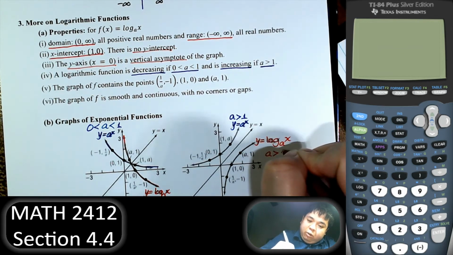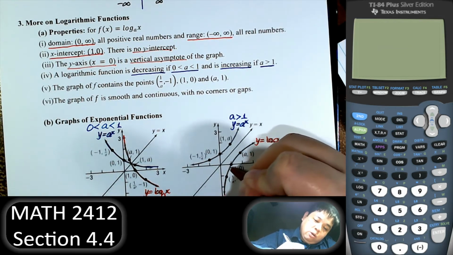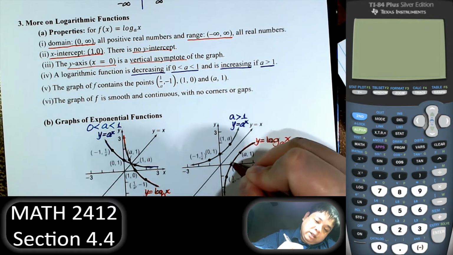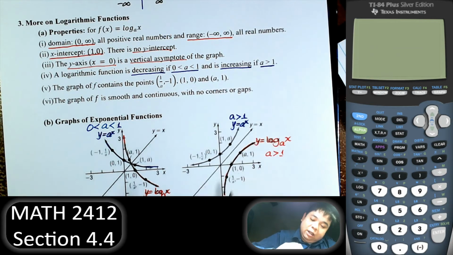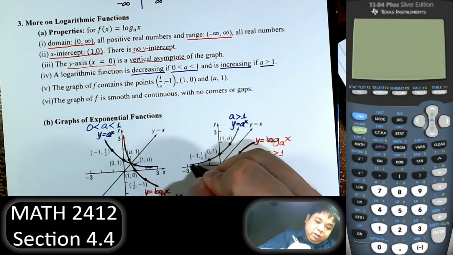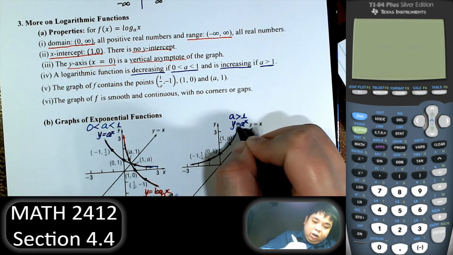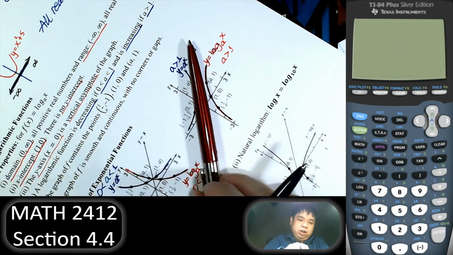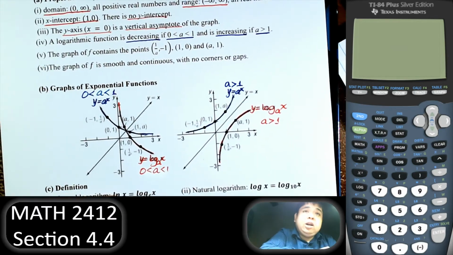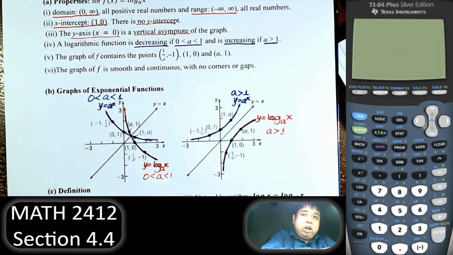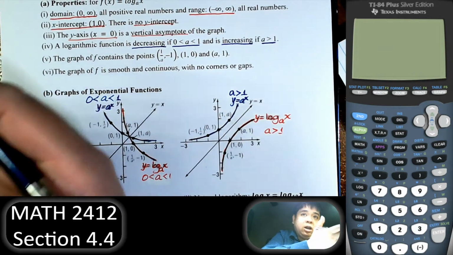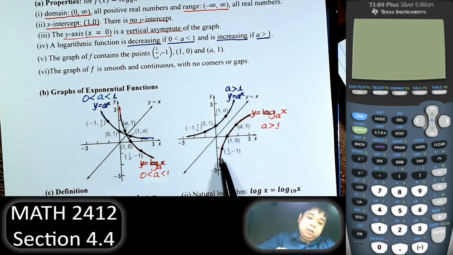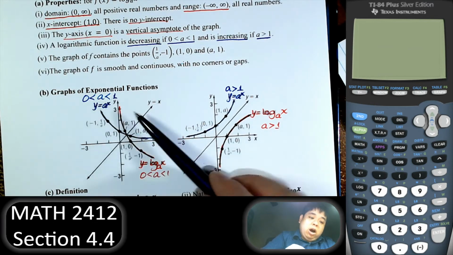The function and its inverse are mirror images. So for logarithmic and exponential functions, if the base is bigger than 1, both are increasing. If the base is between 0 and 1, both are decreasing.